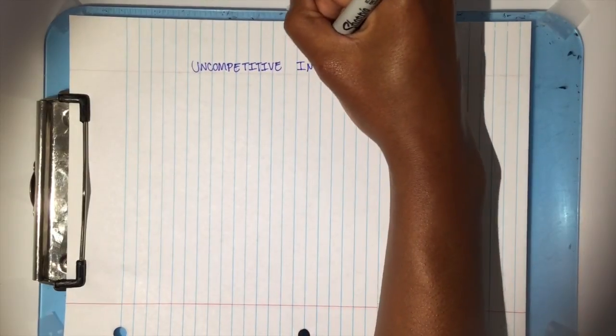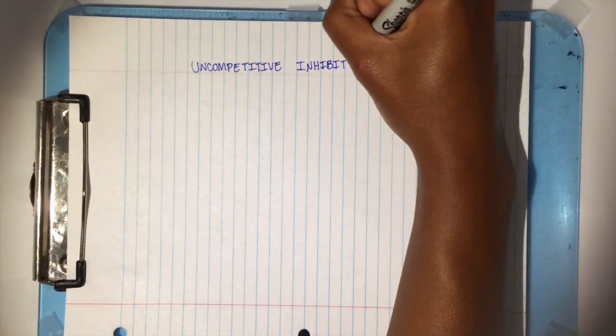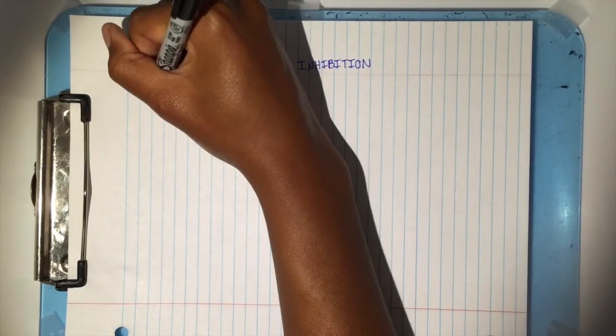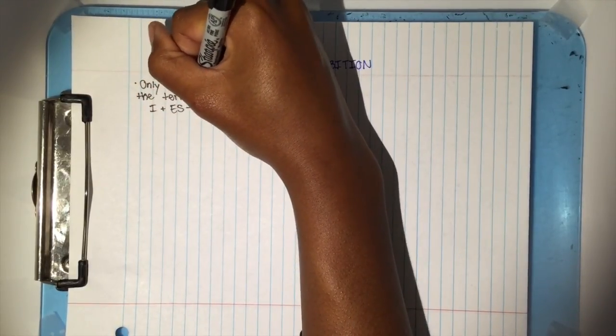Okay, so now we're going to finish up with our last type of inhibition, which is uncompetitive inhibition. And so, in uncompetitive inhibition, the inhibitor only binds with the ternary complex. So I plus ES gives you ESI.